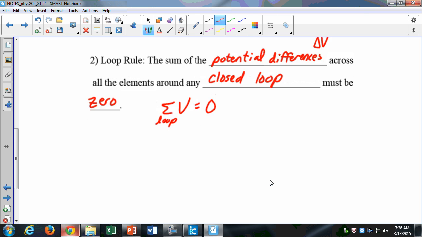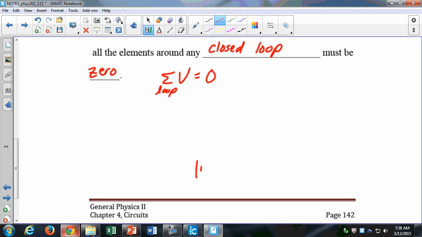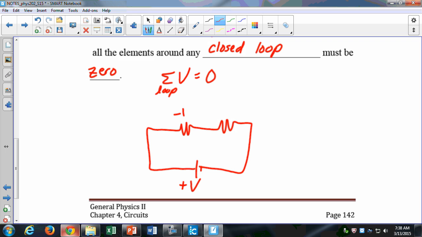We've seen this already, where if we have resistors in series, I have a certain potential here, and then across each of these I have potentials. This is going to be a positive potential, and here I'll have a negative potential there, and a negative potential there. If I add all those up, they'll equal to 0.